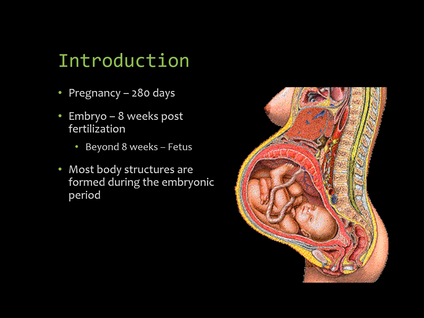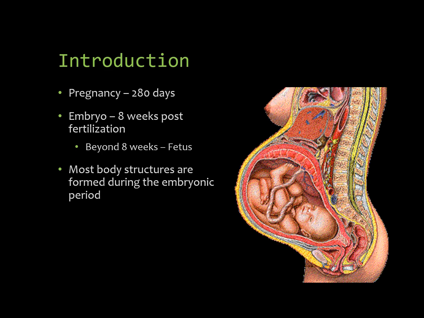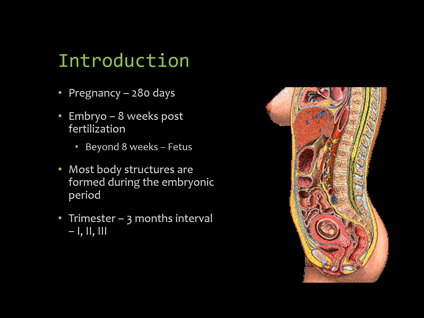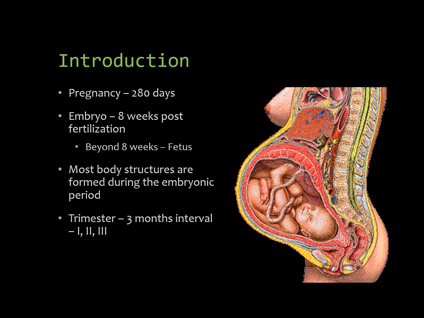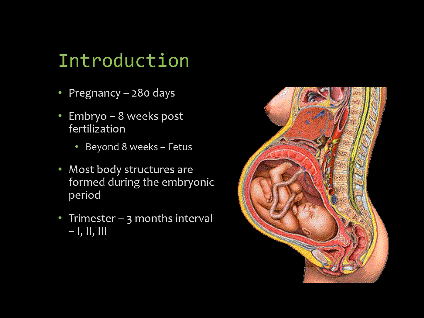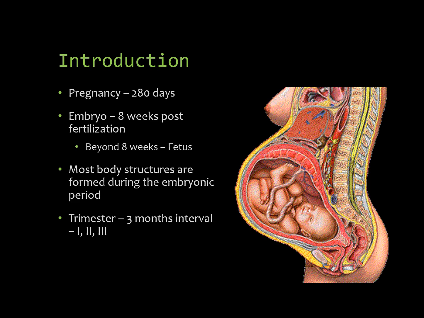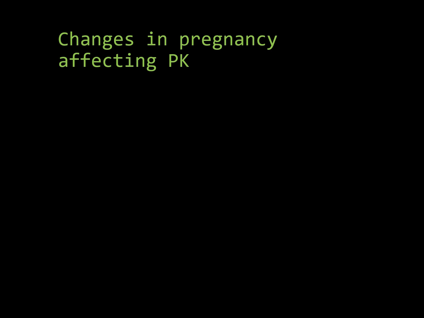Beyond 8 weeks we call the structure a fetus. As I already told, the entire period of pregnancy is divided into 3 trimesters, approximately 3 months duration in each trimester.